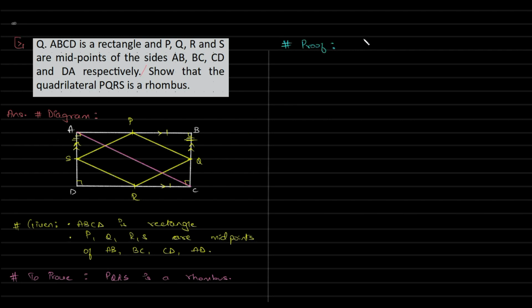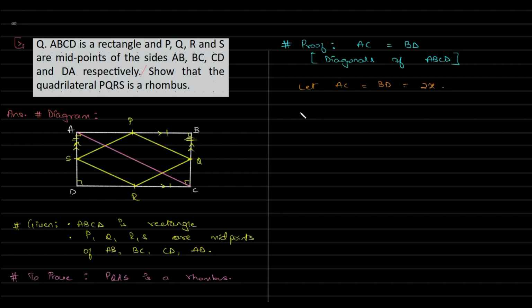Proof. We'll say AC is equal to DB, and the reason being diagonals of ABCD, which is a rectangle. So we'll let them be equal to 2x. You'll see why in time.